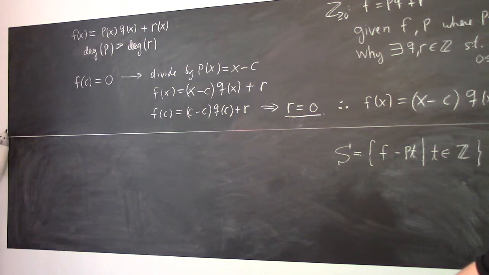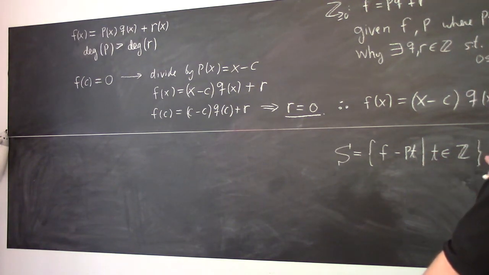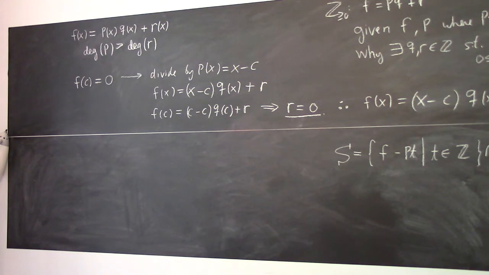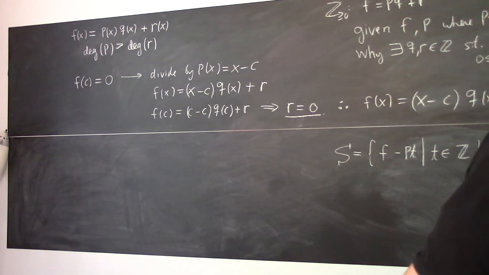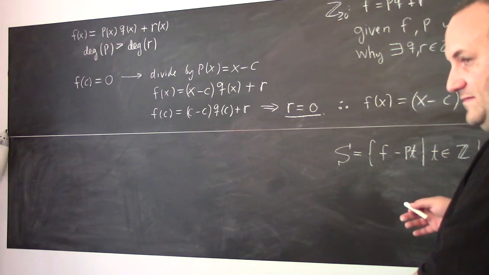Now, this is a non-empty subset. I want to choose all such positive numbers. This set has possibly many things in it, right?